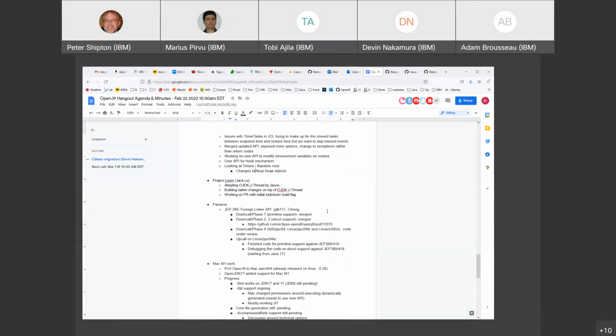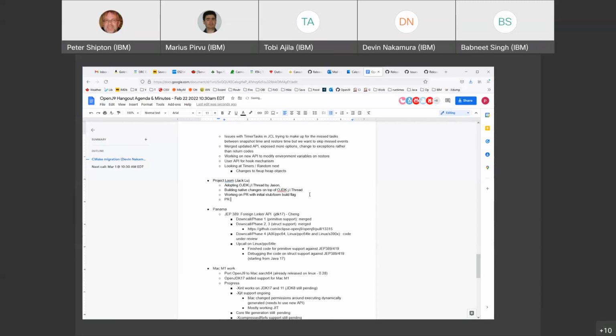Jack, anything for Project Loom? Is Jack on? No, I think he's not here. Anybody else? Updates for Project Loom? I think his last update was he was working on a PR to add native links to the Java API so that we can get the basic things working for Project Loom.